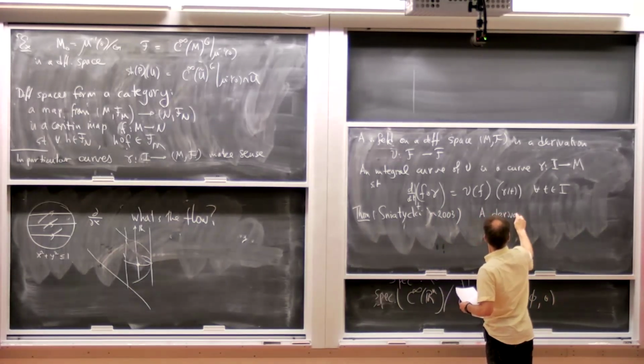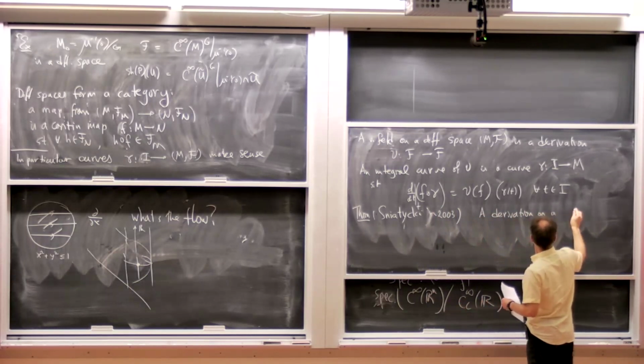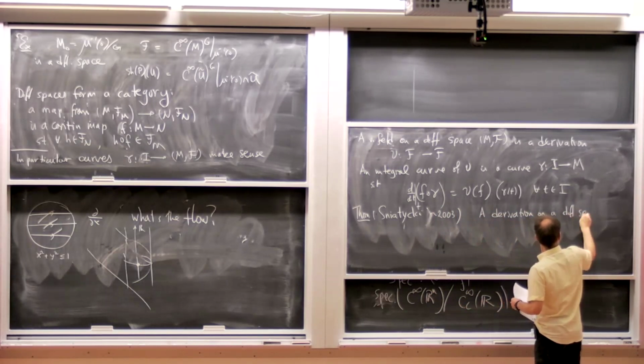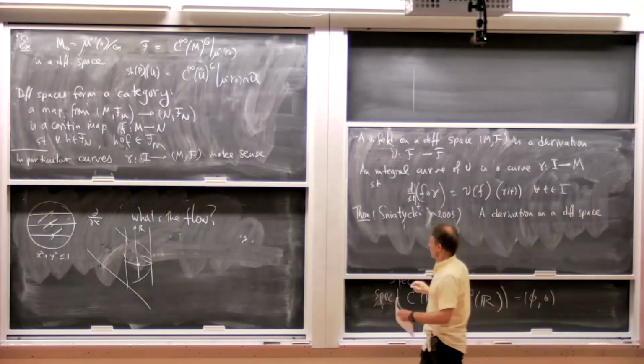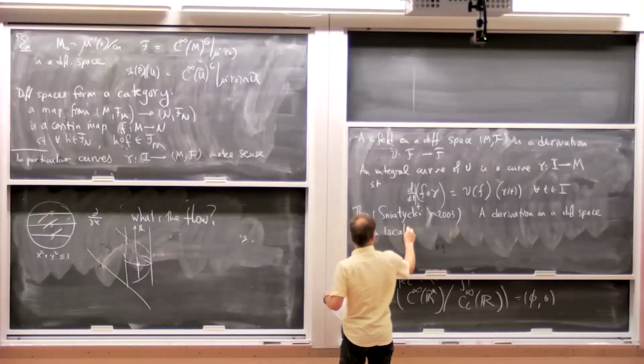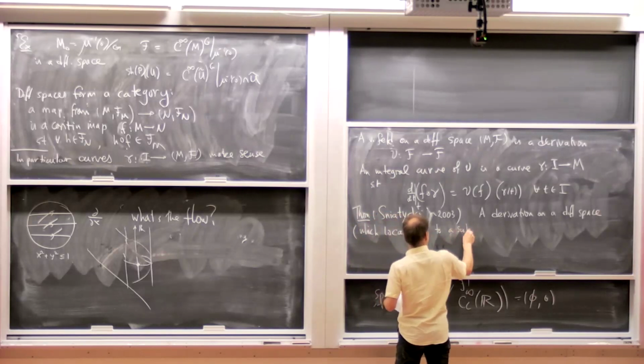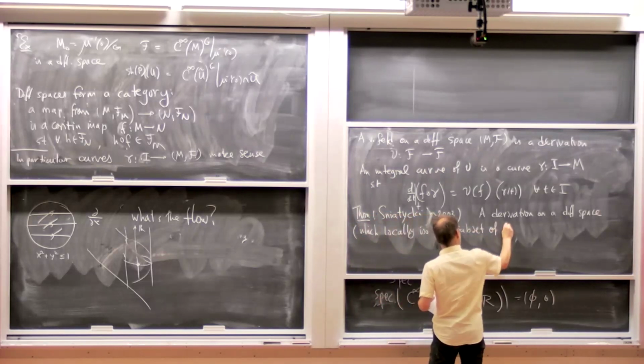Derivation on a differential space which is locally isomorphic to a subset of Rn.